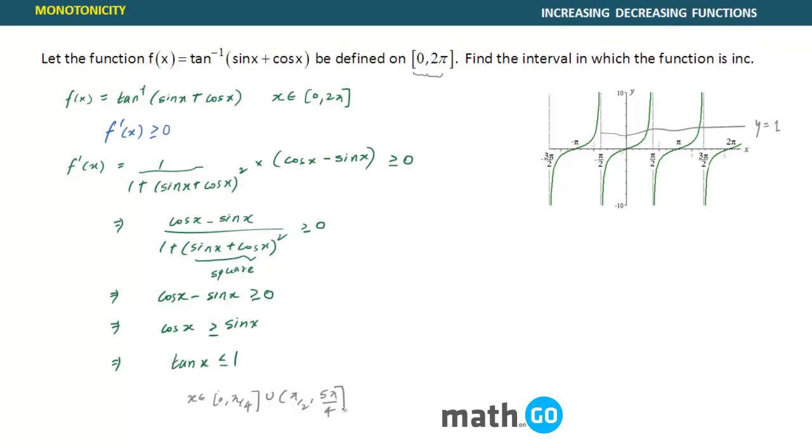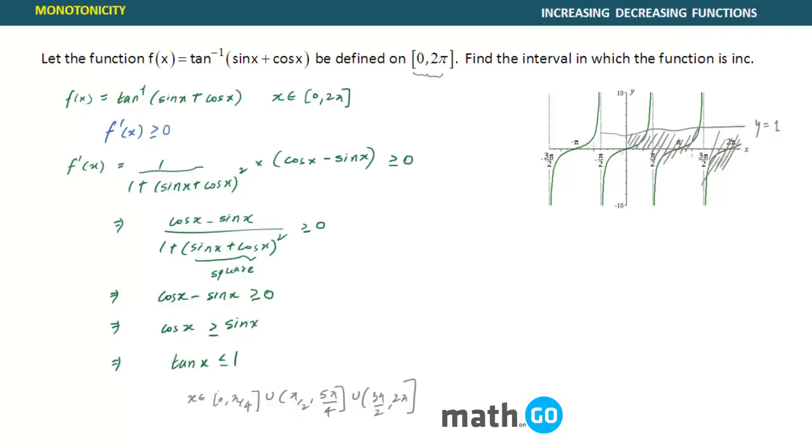And then you will say, sir, again from 3 pi by 2 to 2 pi, because again it is below. So you want the points which are below the y equal to 1 line. So this is the region, and then this is the region. So this will be union 3 pi by 2 to 2 pi. So this should be your answer.